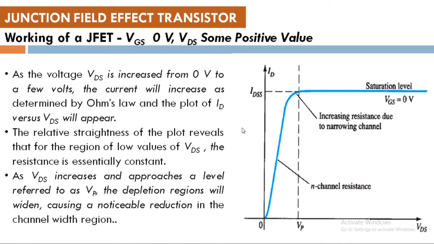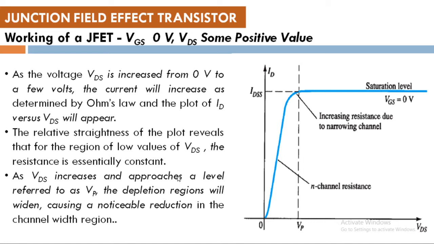As the voltage is increased from 0 volt to a few volts, the current will increase as determined by Ohm's law, and the plot of ID versus VDS will appear. As we increase VDS, the current increases slowly, as seen by this curve.